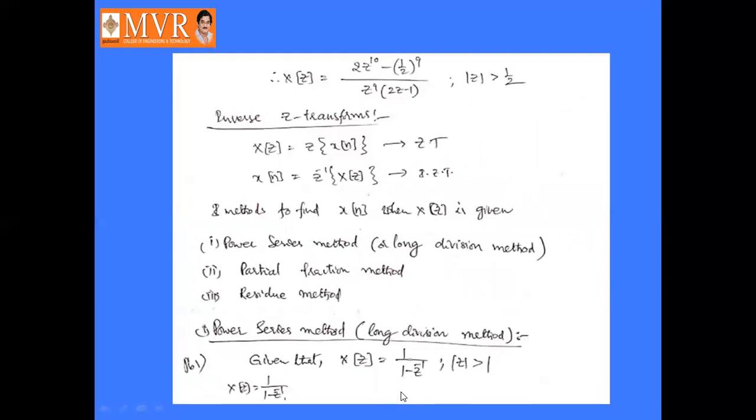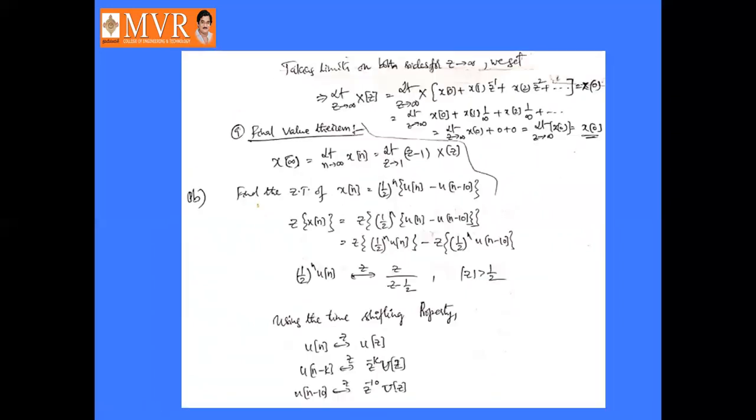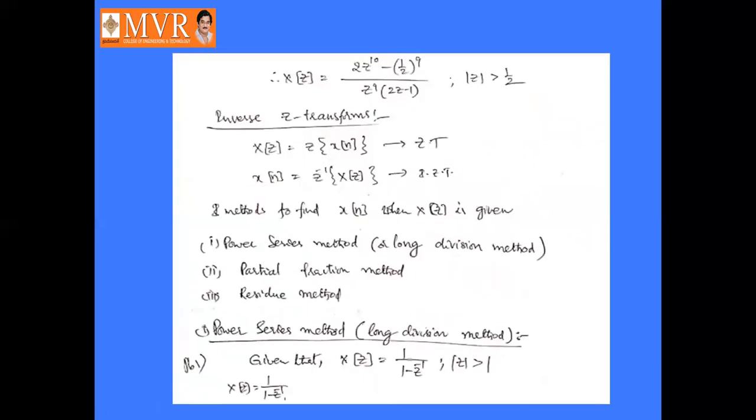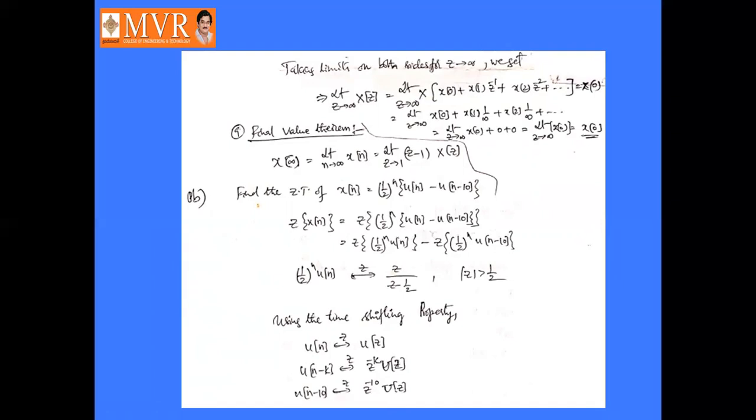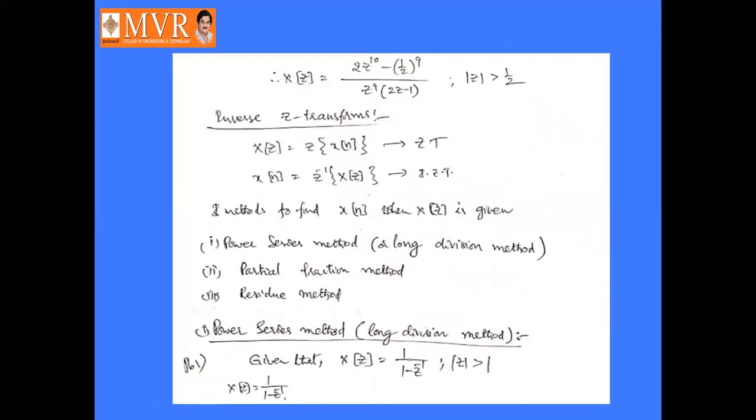So X of z will become z by z minus 1/2 minus z power minus 10 into U of z, which is 2 into z power 10 minus (1/2)^9 by z power 9 into 2z minus 1. Here ROC is mod z greater than 1/2.